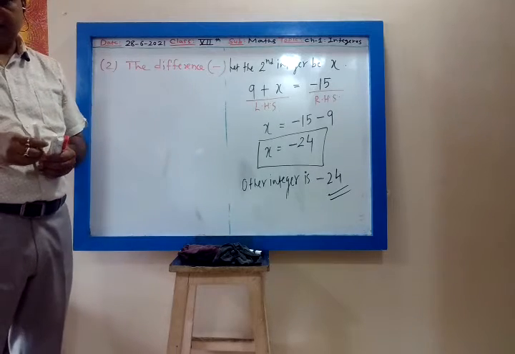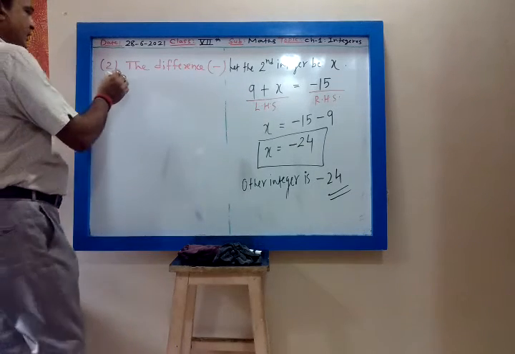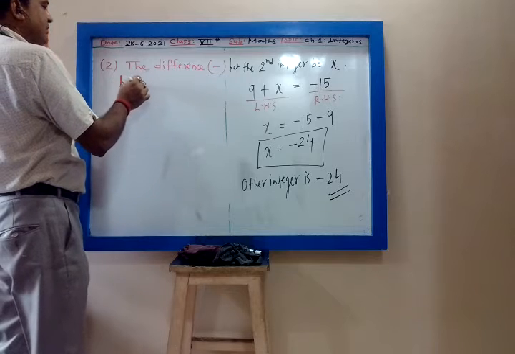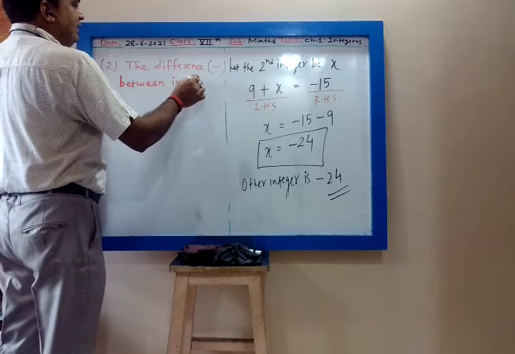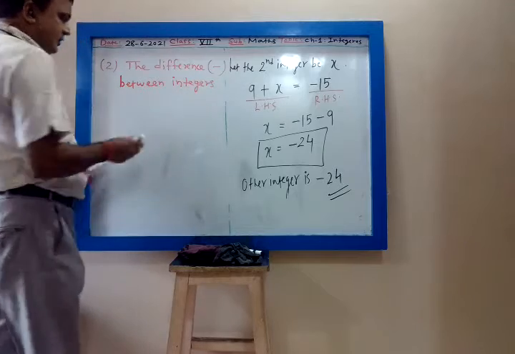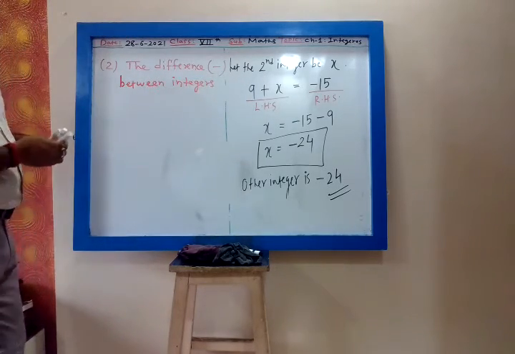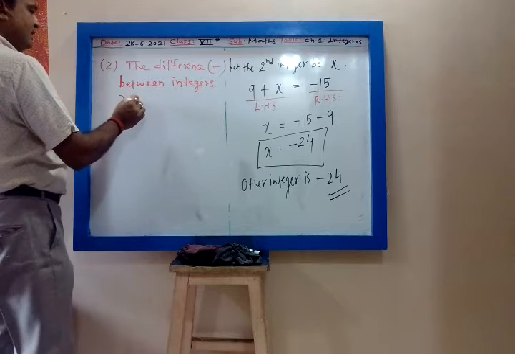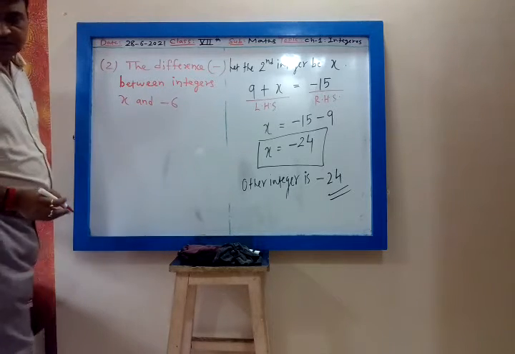Write down: the difference between two integers, x and minus 6. x is one integer and minus 6 is the other integer.